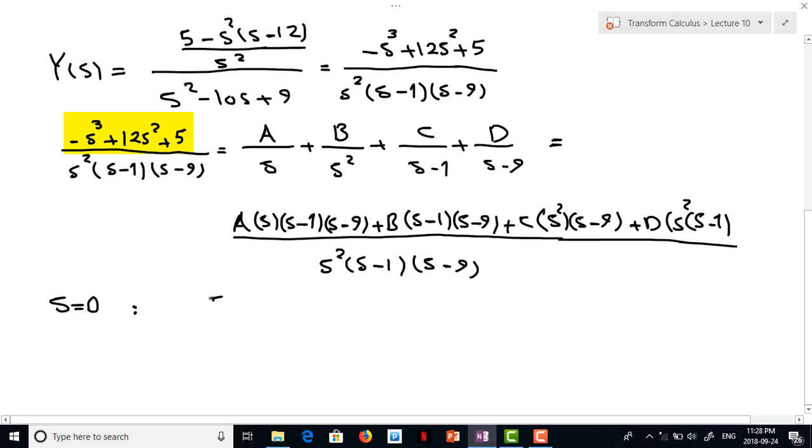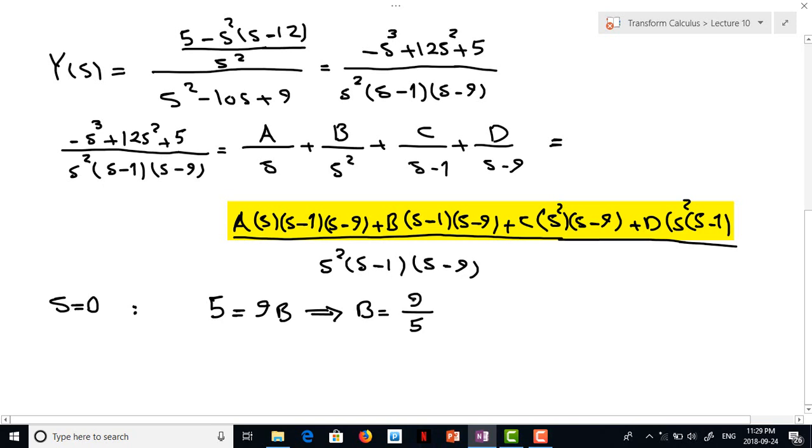So on the left hand side of the equation we have 5, and on the right hand side, 0 times a is gone. 0 minus 1 is minus 1, times minus 9, so it's 9 times b. c times 0 is 0, d times 0 is 0. As a result, b is equal to 5 over 9.